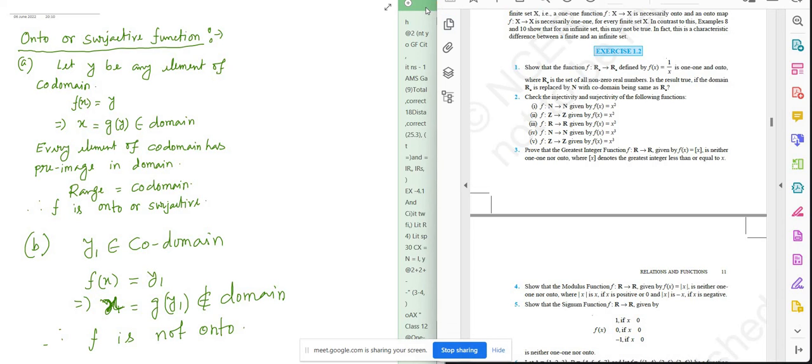Now let's start the questions. Question number 1, exercise 1.2, just see. Show that the function f, R star to R star, where f(x) equals 1 by x, is 1-1 and onto, where R star is the set of all non-zero real numbers.